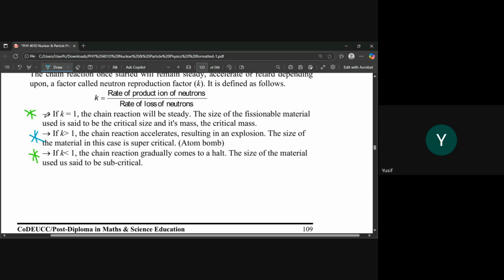Now, assume the energy in the system is too much. What do you do? They reduce the K value so that it will be less than 1. When it's less than 1, it means they are reducing the neutrons in the system, and as the neutrons reduce, the reaction gradually comes to an end.